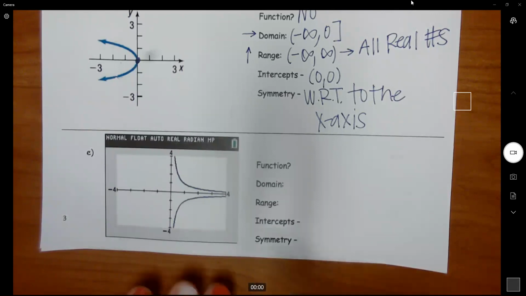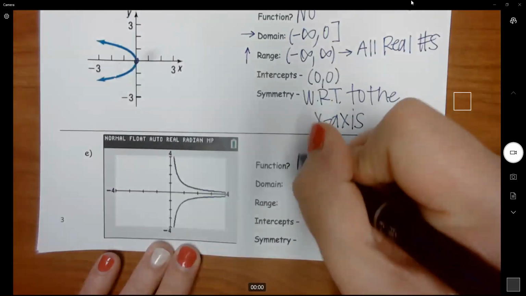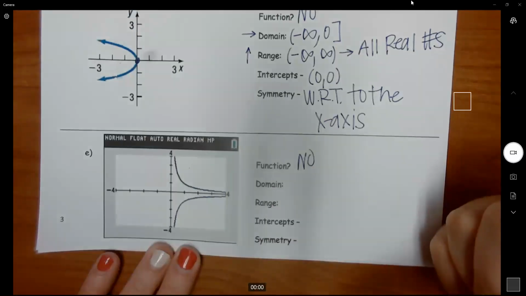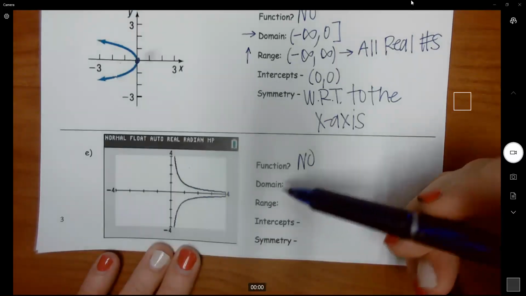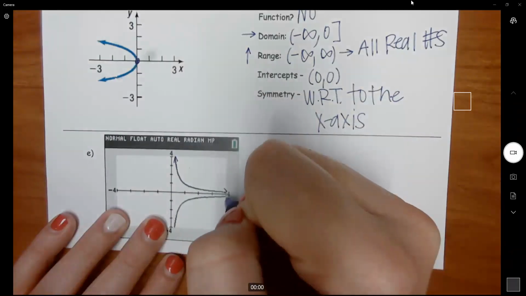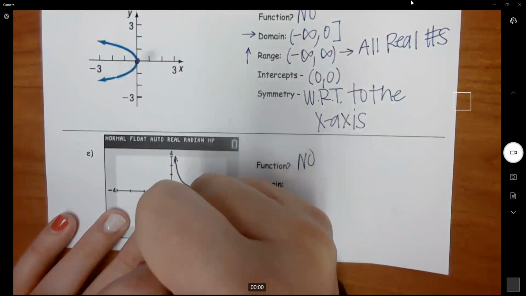Let's check your answers. This is not a function because when you put a vertical line, you're going to hit it twice. The domain, okay, these actually have arrows going on both of these here.